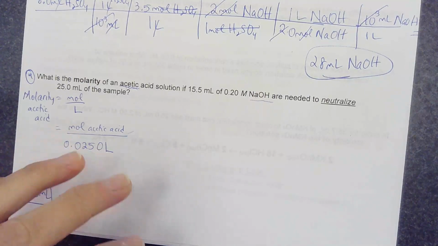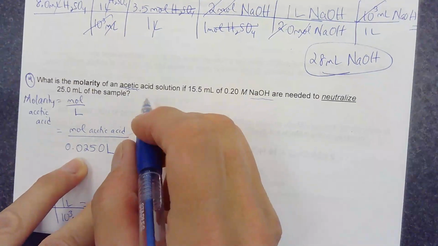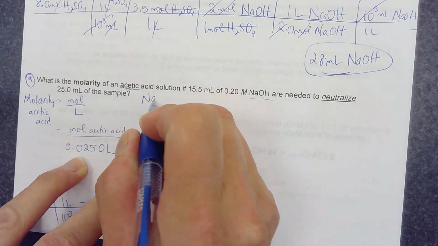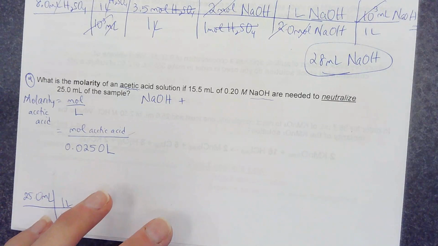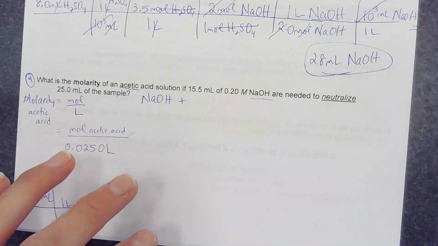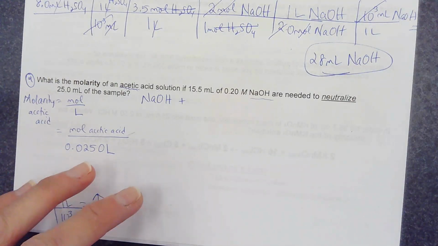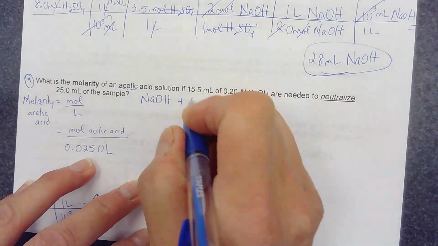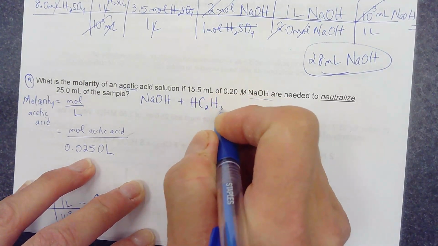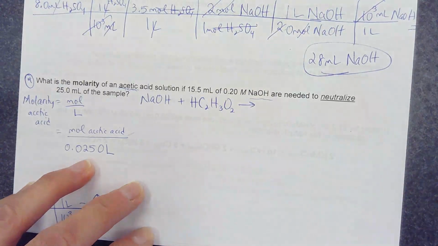So this is a double displacement reaction. Same thing we've done in class when we did double displacement reactions. It just is written differently by calling it a neutralization reaction. So it's NaOH plus, what is acetic acid? Good job. HC2H3O2. Very good. I love it when you all know your polyatomic ions.